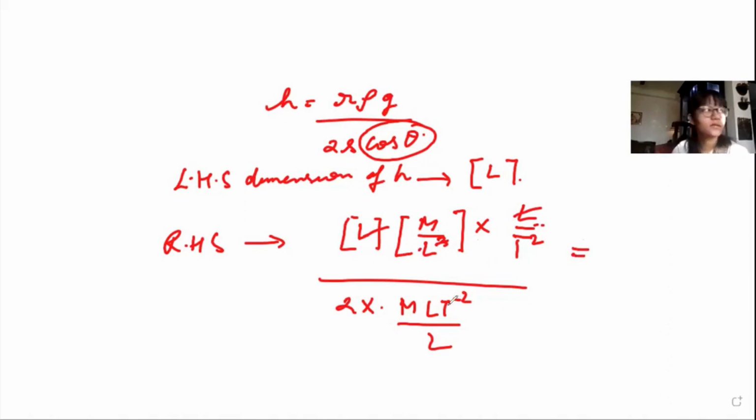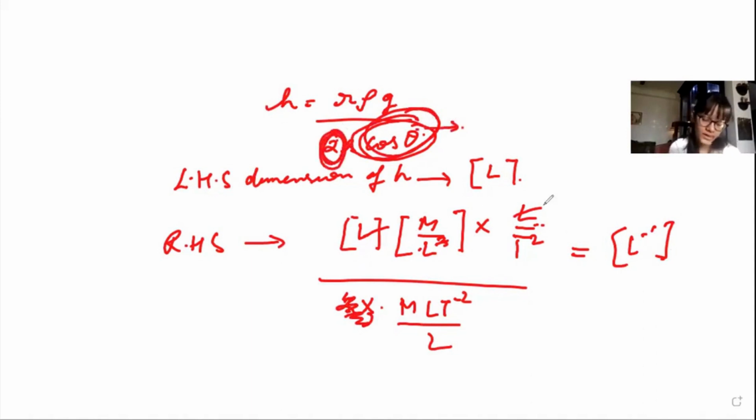L. The 2 we need not write. So this was clear, okay? Usually students get confused when they see a trigonometric function. So always remember that a trigonometric function is dimensionless, and so is a constant. No need to write the constant. Okay, fine.